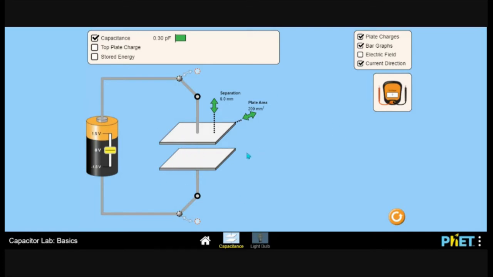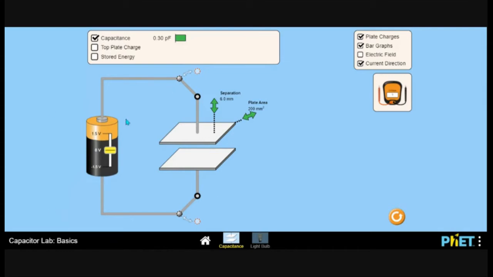Now remember, these are the two conducting plates of the capacitor, and the two plates have an area of 200 millimeters square. And I have here a battery connected to the two plates so that we can store electric charges.